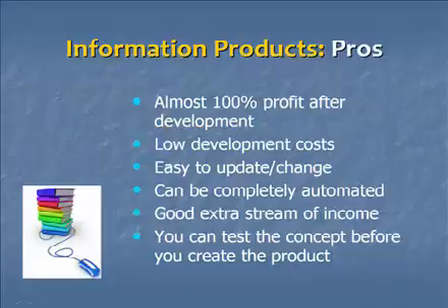As with all product models, let's look at the cons. One of the biggest cons, I think, for informational products is you could be competing against free information. And as I said before, sometimes free information will ruin a market. So you need to make sure that the same information that you're trying to sell isn't readily available for free.